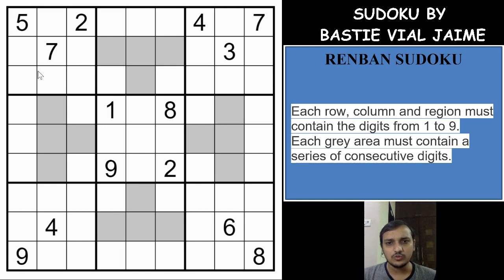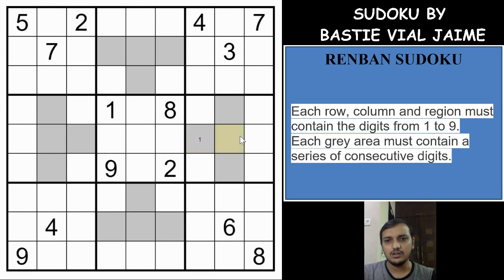Now coming on to the rules of this Sudoku, there are some gray shaded cells, a group of shaded cells in the grid, and each group will have consecutive digits but not in order. So if I say, for example, this group has 4 shaded cells, and all of these 4 cells will be consecutive numbers but not necessarily in order.